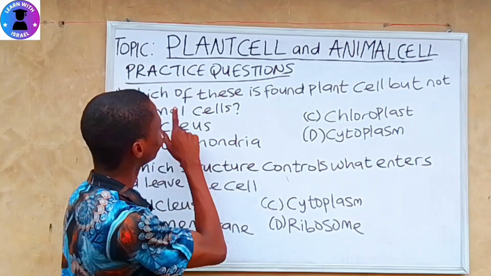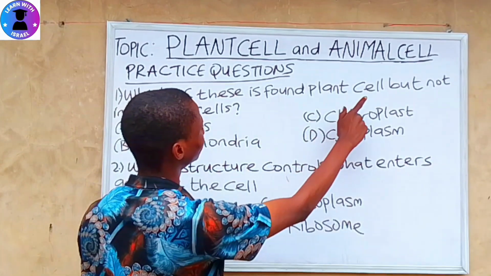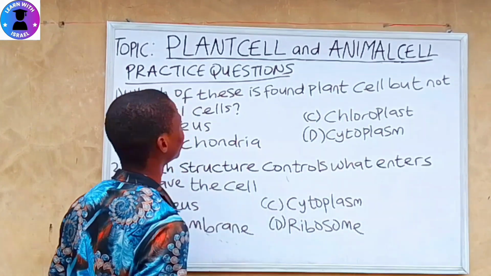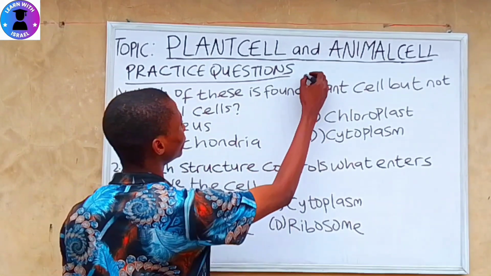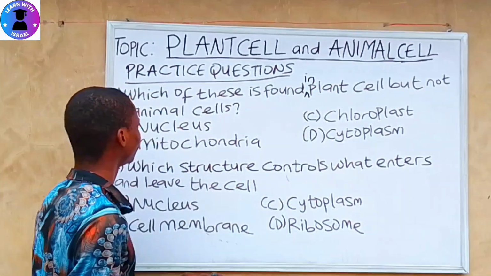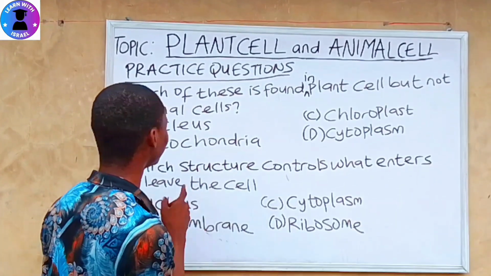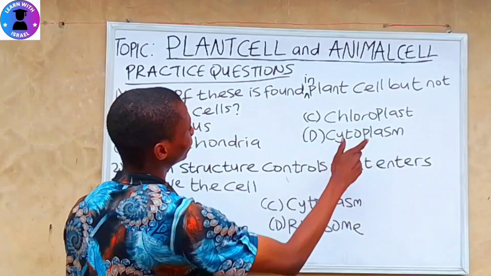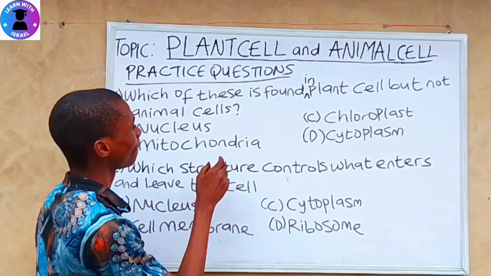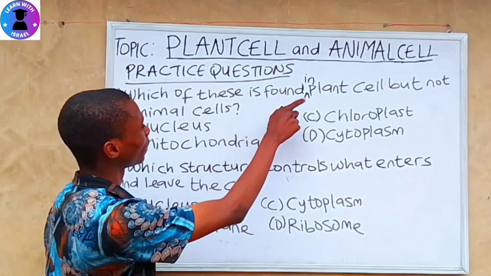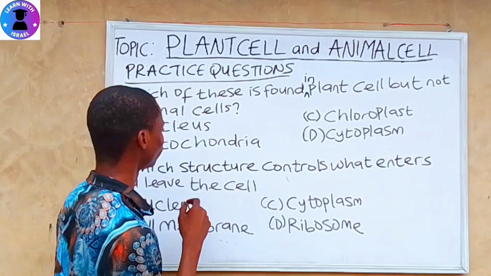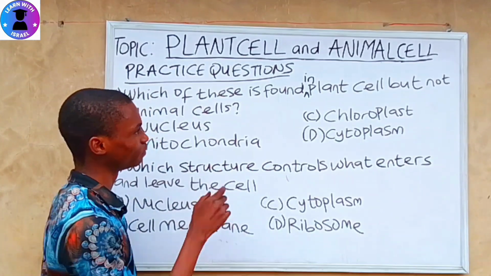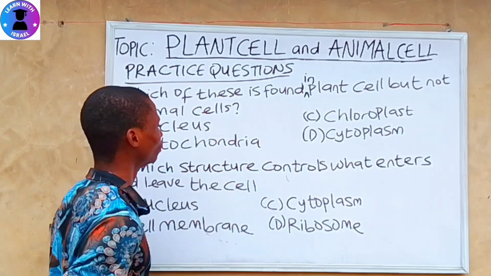Question 1: which of these is found in plant cell but not in animal cell? A. Nucleus, B. Mitochondria, C. Chloroplast, D. Cytoplasm. In plant and animal cell, we can find the nucleus.